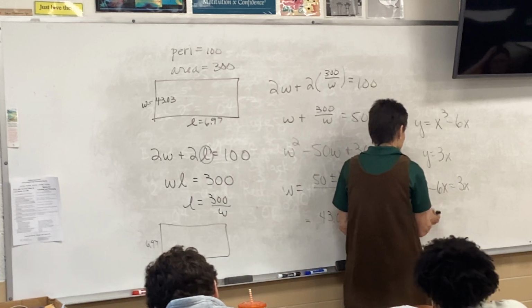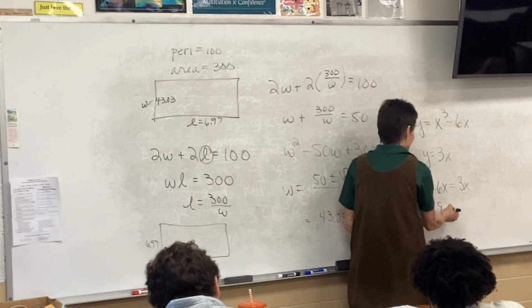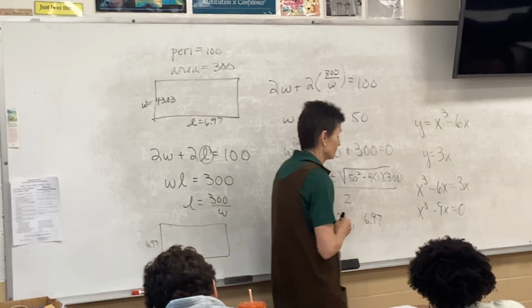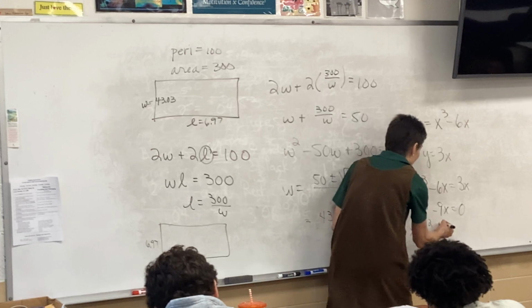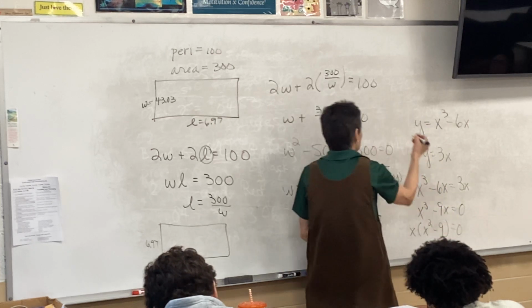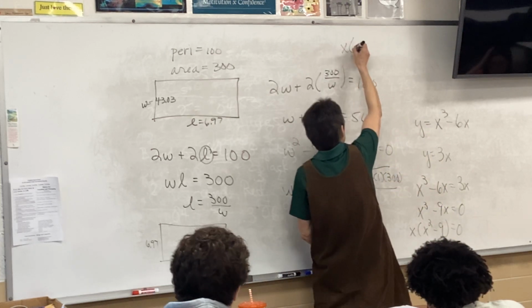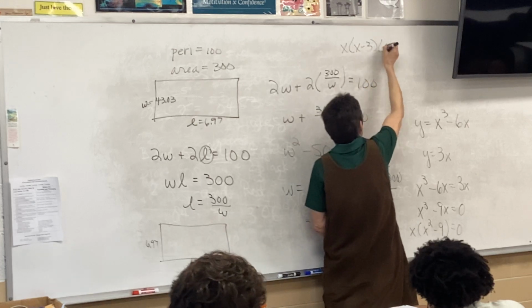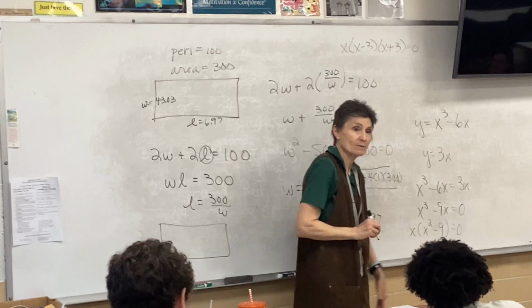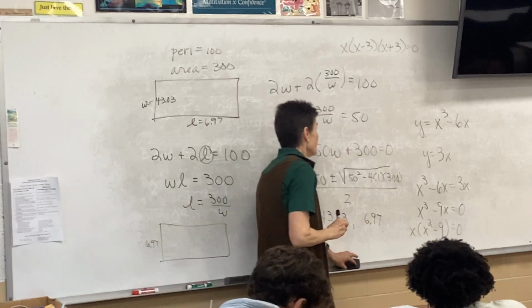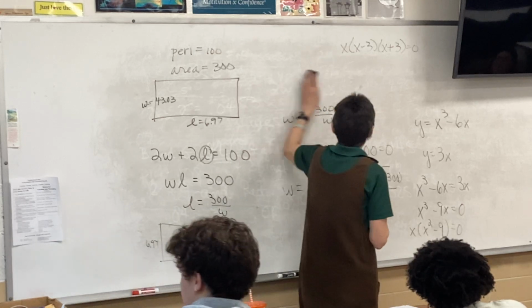Get it set equal to 0, so x cubed minus 9x equals 0. And then take out an x. Take out an x, factor in other words, so x squared, oh my goodness. So what do we got? x equals 0. x minus 3, x plus 3? Because that's the difference of squares. So what does that mean?